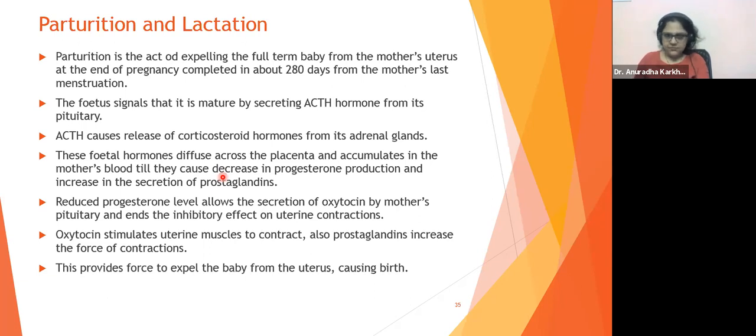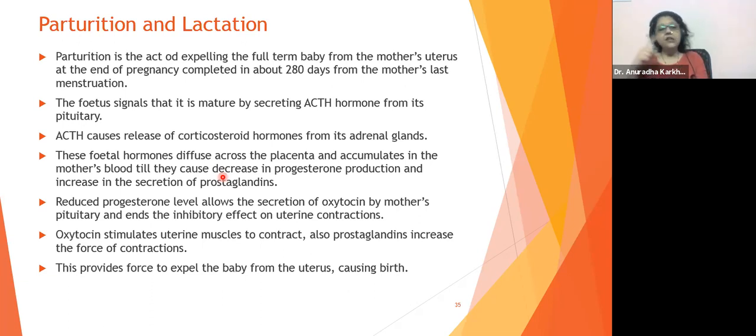This continues until there is a decrease in progesterone production and an increase in the secretion of prostaglandins. You know that prostaglandins are the ones that cause the uterine membrane to contract, the uterus to undergo contractions.